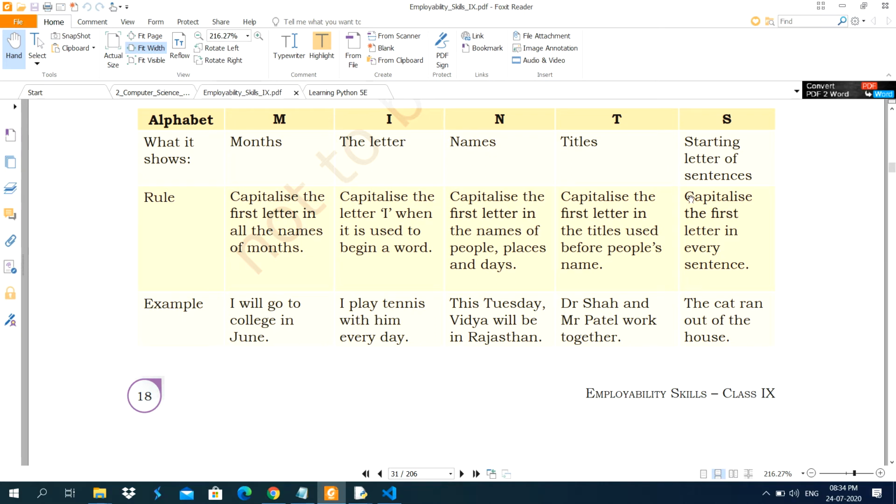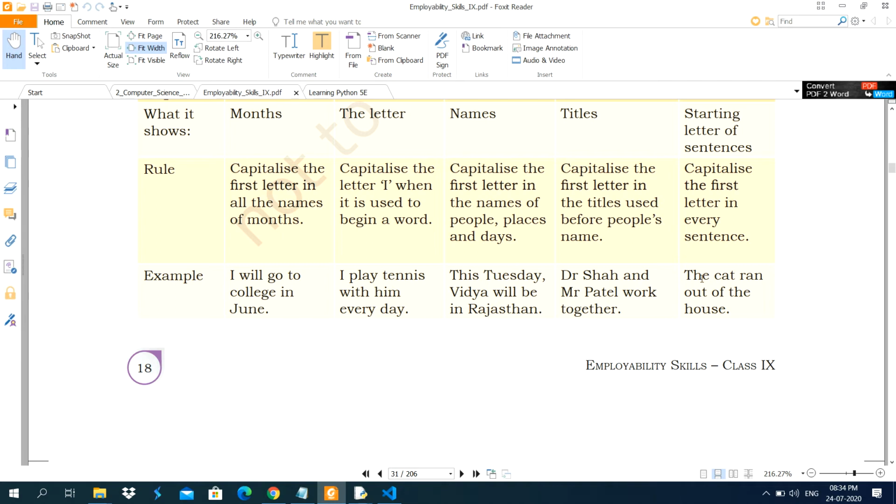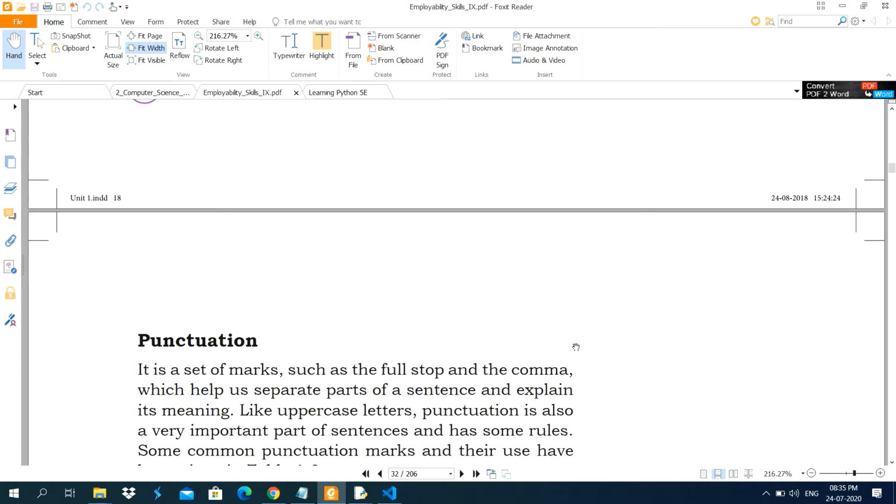It is mandatory whenever you are using any word that starts the sentence, its first letter is in capital letter. Example, The cat ran out of the house. In this sentence, The is the first word, and its first letter is T. So we have to write T in capital letter.